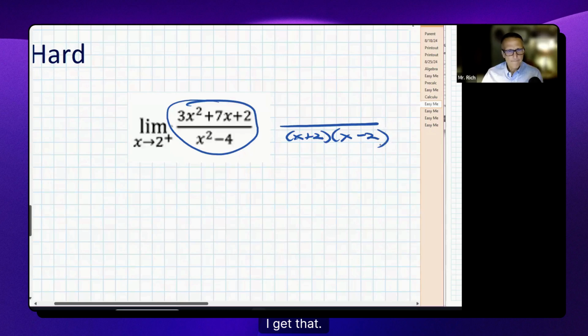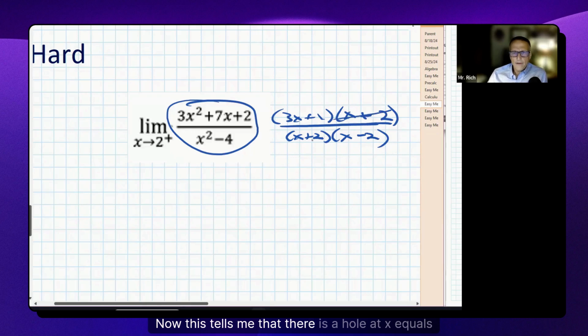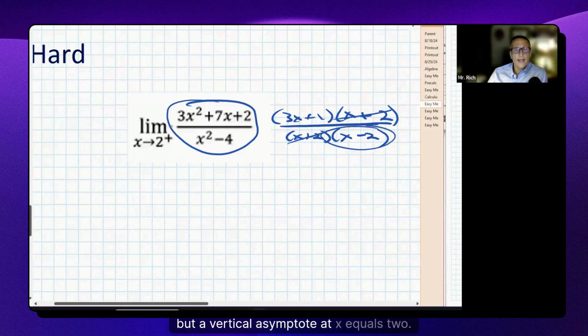I get that. Now, does this factor? I'm not sure that that factors. Maybe it does. Let's see. It does. That would be 6x. Yeah. So it does factor. But so this is x plus 2.